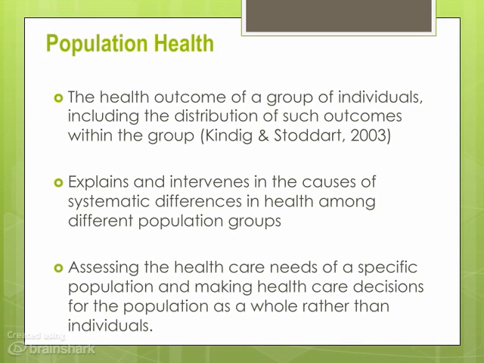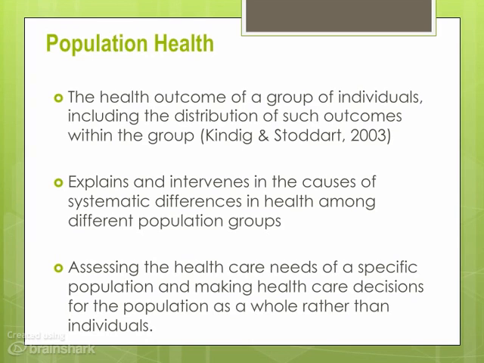So population health is a term that is widely used in the healthcare world, but it's not always universally understood, or quite often we're not using a common definition, I think, particularly across different healthcare professions.